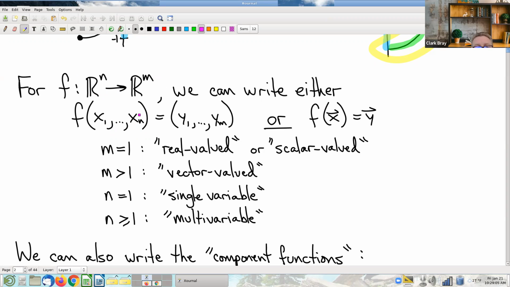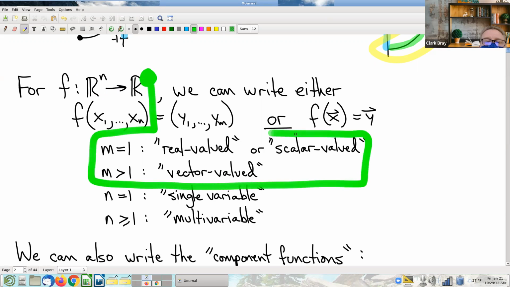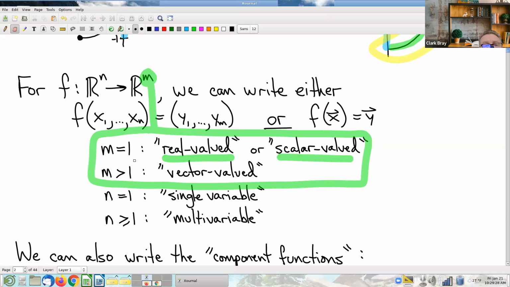Looking at these output values, depending on how many coordinates are in the output values, the vector values, we refer to such a function as a real valued or scalar valued function if there's only one coordinate. But if there are multiple variables coming out, then we call that a vector valued function.